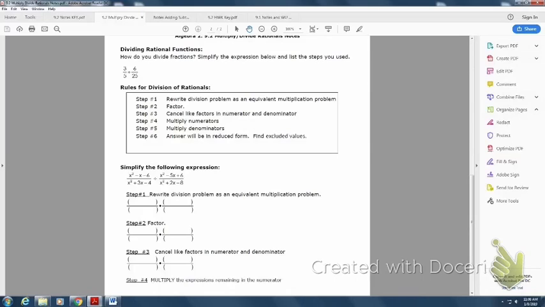Okay, I'm going to multiply, but what do I have to do before I multiply? What do I do with that second fraction? Ms. Romano? Flip it.